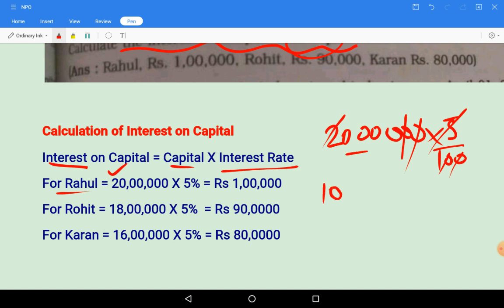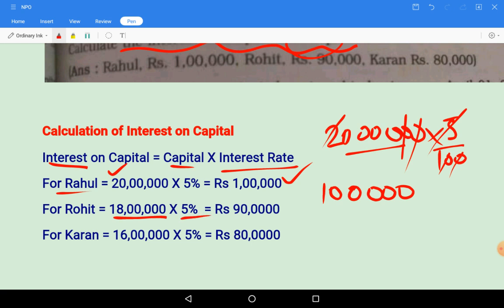How many zeros are left? 4 zeros left, so write 4 zeros. That's it. Interest for Rahul is 1 lakh. Similarly, we need to calculate for Rohit. I'll tell how to do that also.